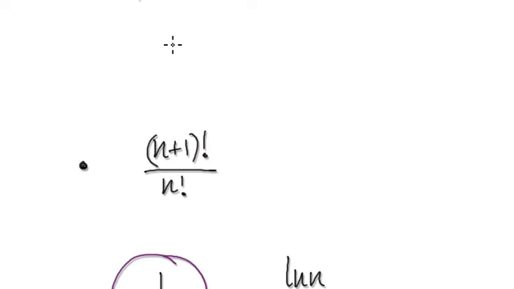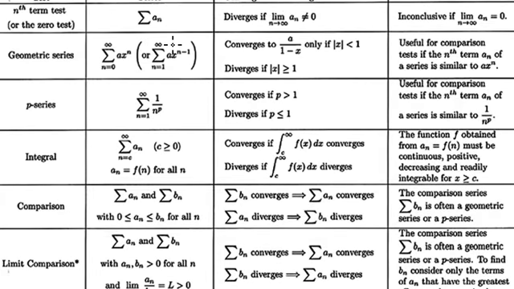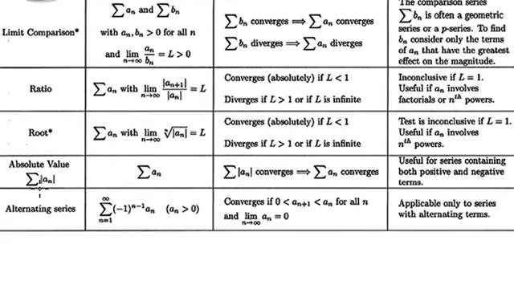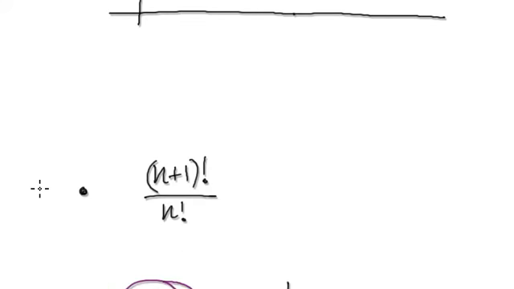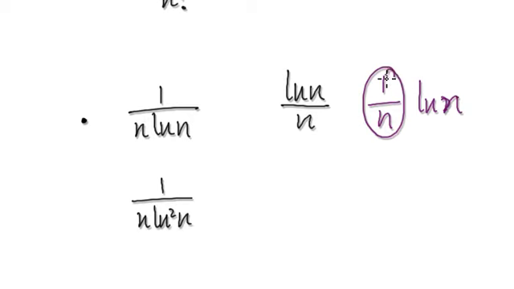So you should think about the integral test. When you see something like this, rewrite it as 1 over n, and then natural log of n. So you can easily integrate this. This is the exact derivative of this.